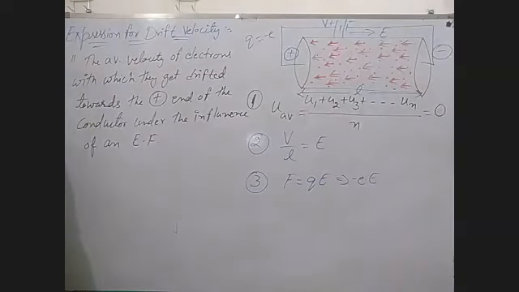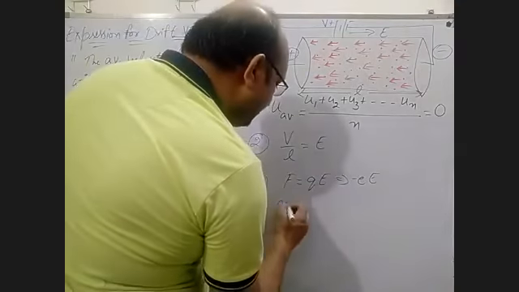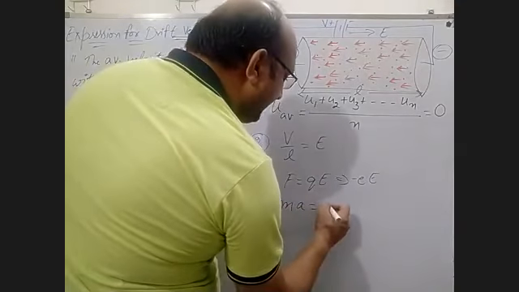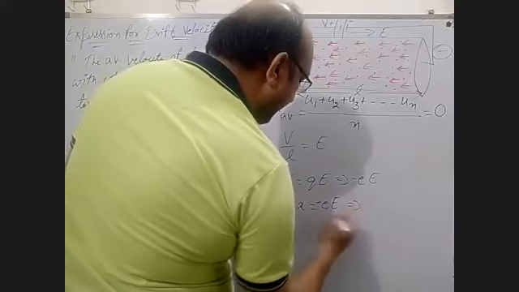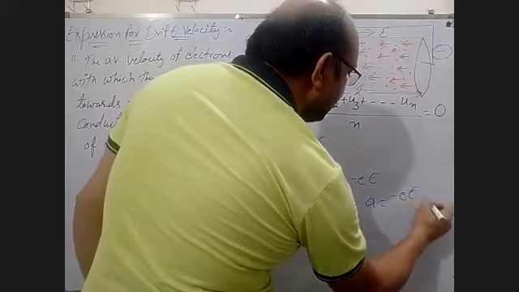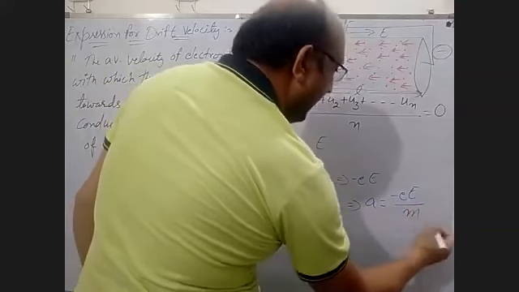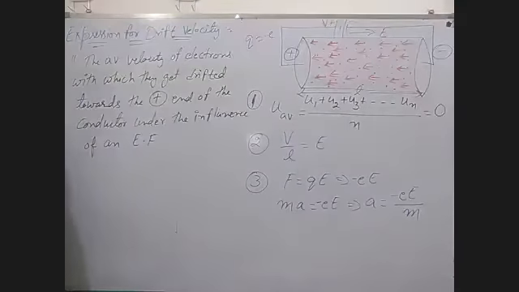You can say F is equal to ma, so F is equal to ma equals minus eE, or we can write a is equal to minus eE upon m. Now this is your third equation, minus eE upon m.